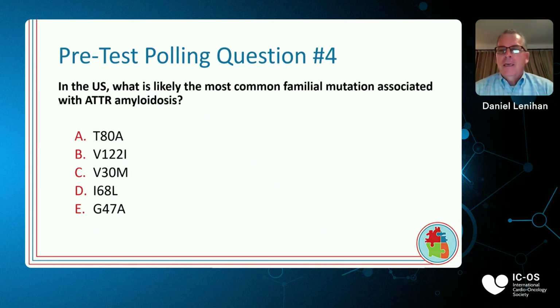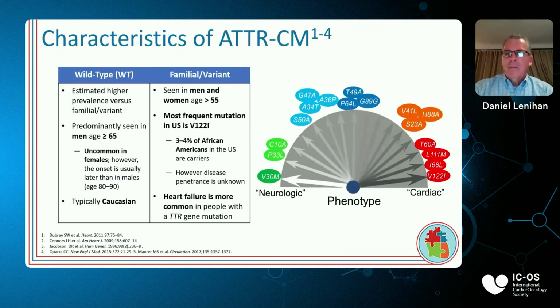So let's dig into this process a little better. When we think about the characteristics of ATTR cardiomyopathy, as was mentioned before, the most common version is wild type, meaning we don't have an identified mutation. And it seems as though this occurs probably in the range of 80% of the time for ATTR.